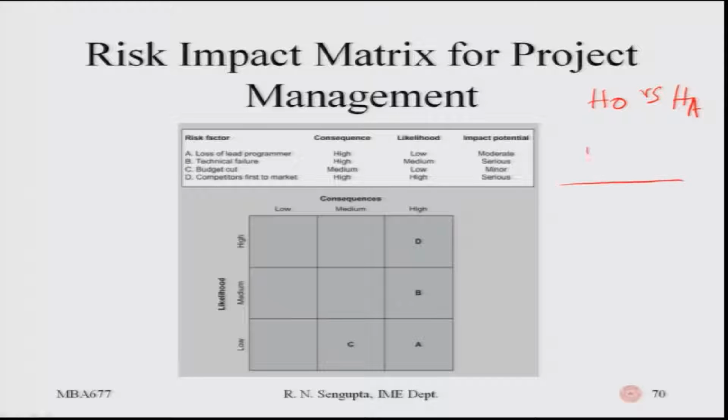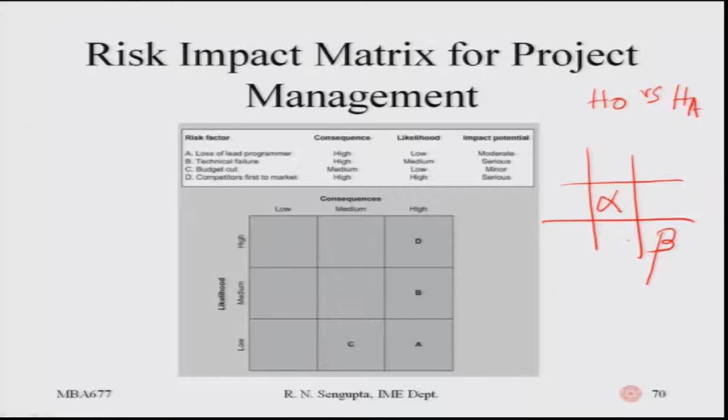If you remember, the chart looks not exactly like the matrix here, but like this. I am not going to mark the top row and the leftmost column. What I am interested in are the values of alpha and beta, which are the risk of type 1 and type 2.